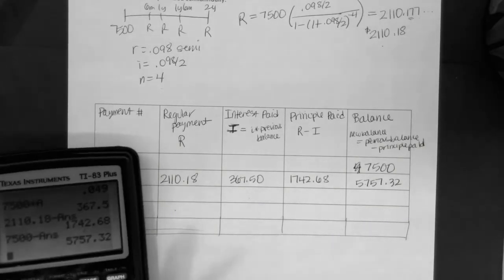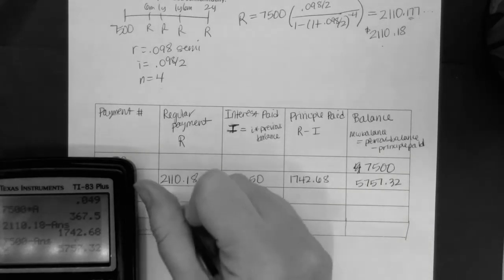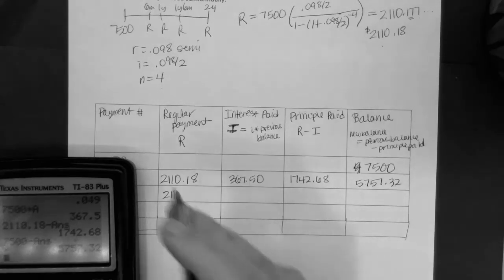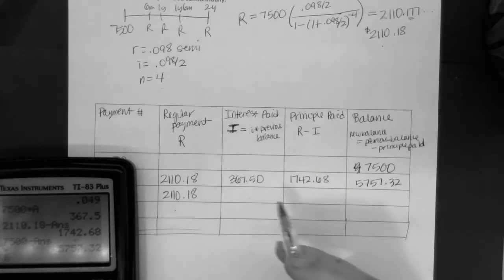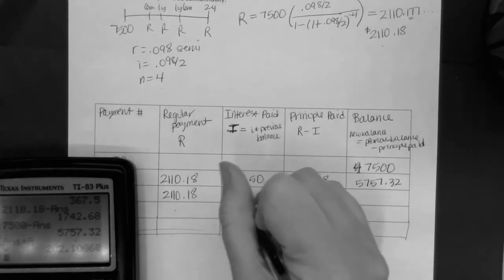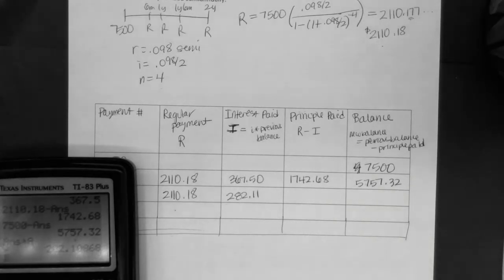So let's do it again for number 2. So we're going to do the same process. Our regular payment hasn't changed. It's still $2,110.18. Interest paid is now going to be based off of this 5,757.32. So I'm going to take that and multiply it by my A. So I get 282.11, rounding to the nearest penny.